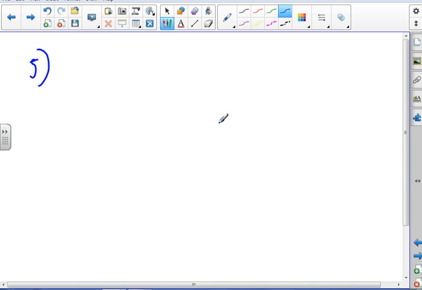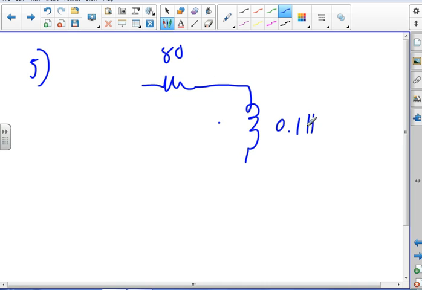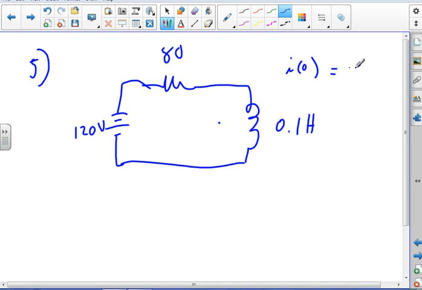Yeah, exactly. So we have in series a resistor at 80, an inductor at 0.1 Henry, and a voltage supply that looks like a battery at 120 volts, and I at 0 is 2 amps.